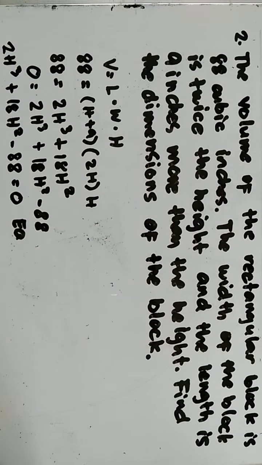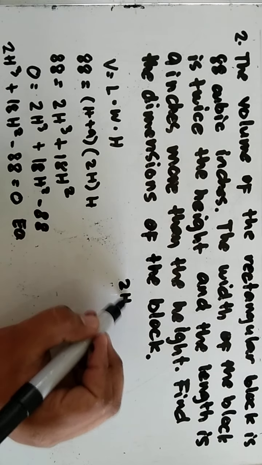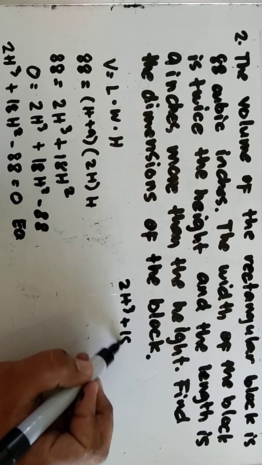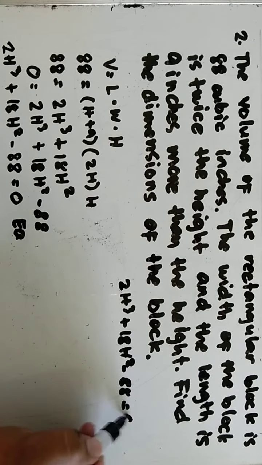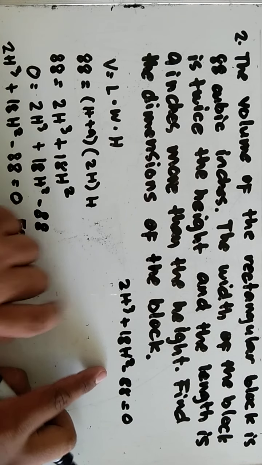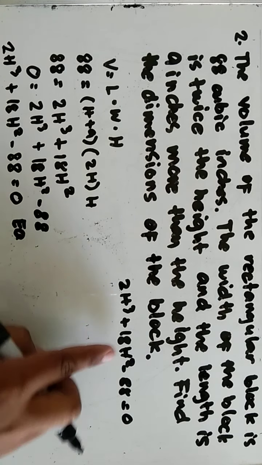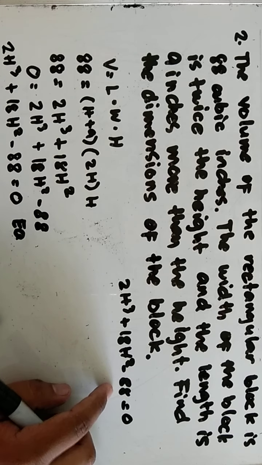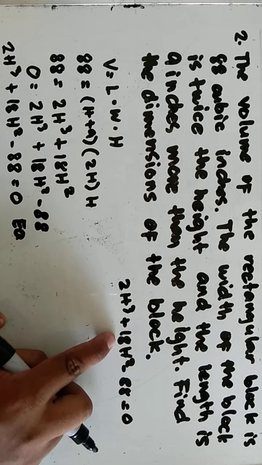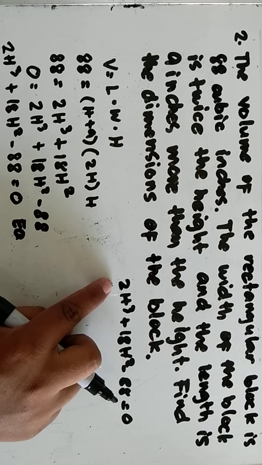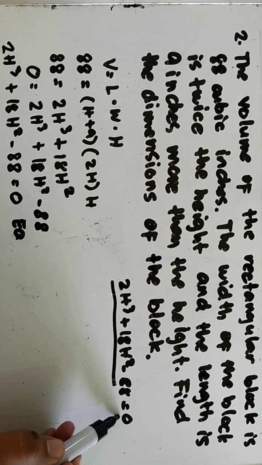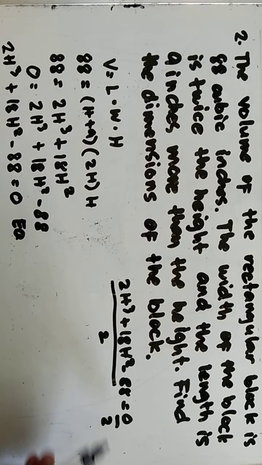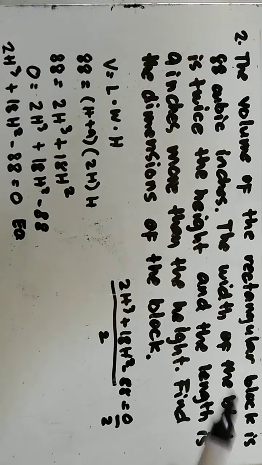So, 2H raised to 3 plus 18H raised to 2 minus 88 equal to 0. Pwede pa natin tong ipaliitin kasi divisible sila by 2. Ibig sabihin, yung 88 pwedeng i-divide sa 2, yung 18 pwede i-divide sa 2, yung 2 pwede i-divide sa 2. So, since ganun siya, pwede natin silang i-divide both sides by 2 para lumiit yung equation natin.